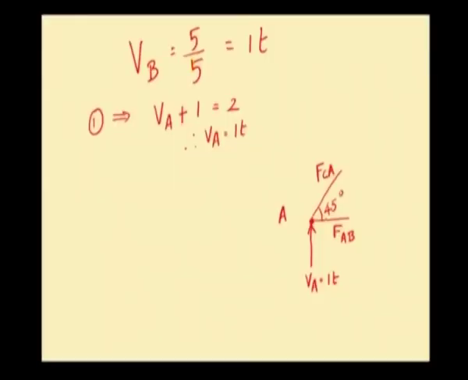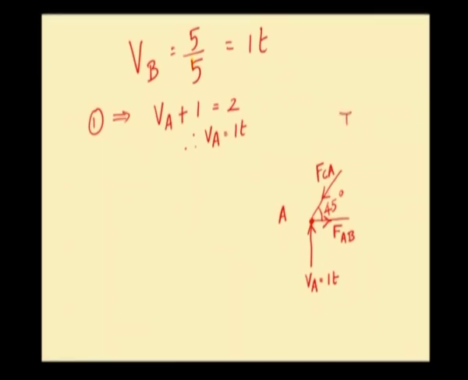So, FAB is assumed to be tensile in nature, and hence I am putting an arrow mark pointing away from the joint. Now, we shall assume force in the member AC to be compressive in nature. Compressive forces will be indicated by drawing an arrow mark pointing towards the joint. So, I have shown an arrow mark pointing towards the joint.